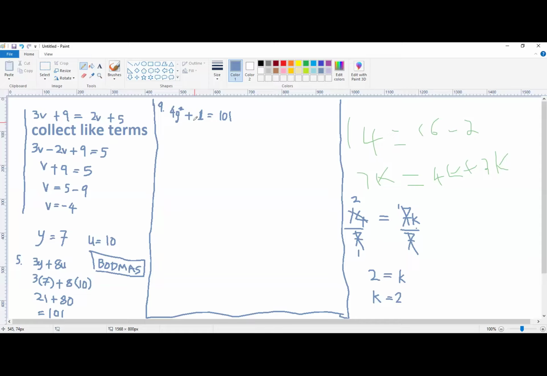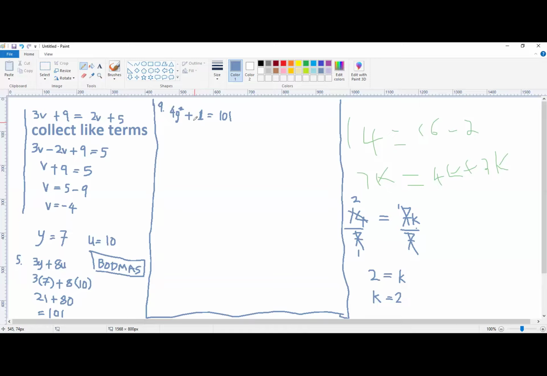Now imagine we did it the other way. Instead of moving the 1 to the right hand side, we decided to move 4g squared, and then move the 101 to the left hand side. You know what it's going to be? When you're collecting like terms, you're going to have 1 minus 101. Can you see that?